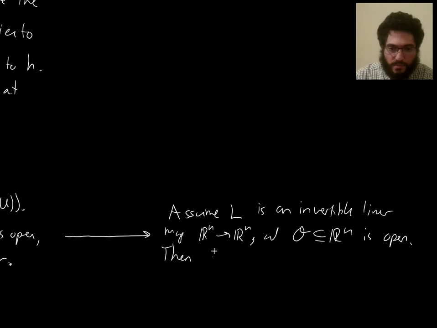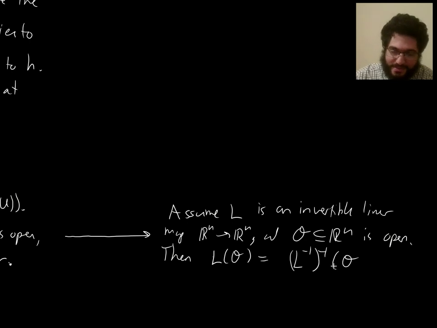Then L of O is the preimage of O under L inverse. So think of it this way. It's the preimage of O under L inverse. This is open because the preimage of an open set under a continuous function is open.